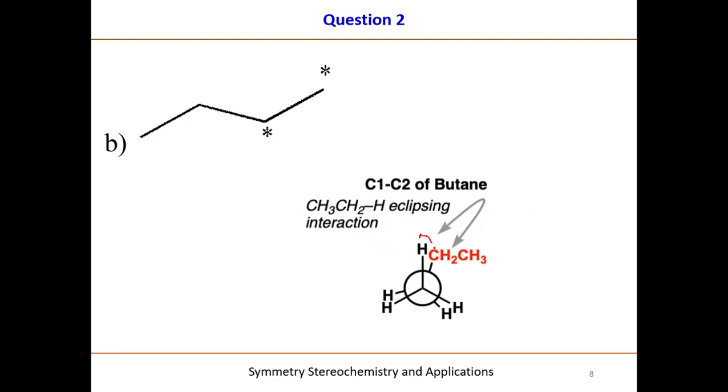How to draw, I will discuss here. First, you have to draw the sawhorse projection. It will become easy to understand. In the sawhorse projection, you have to take the two atoms which you have to consider for the Newman projection. Now take two atoms this way, because we are drawing eclipse, so we will write this way only.